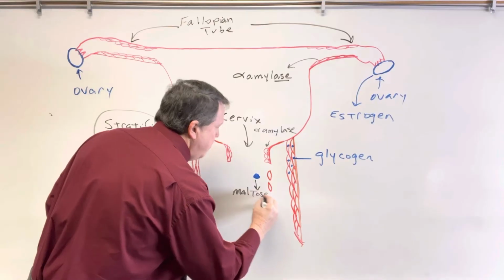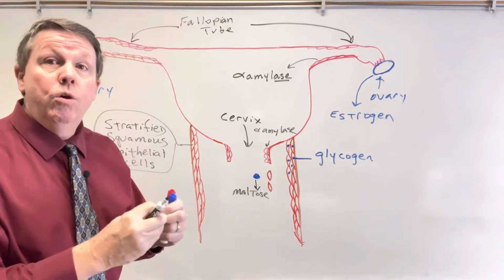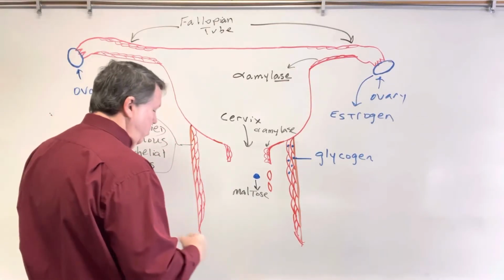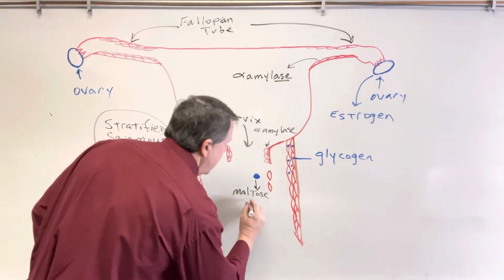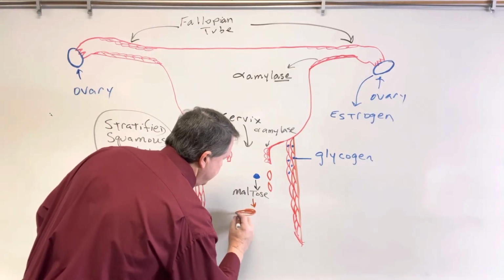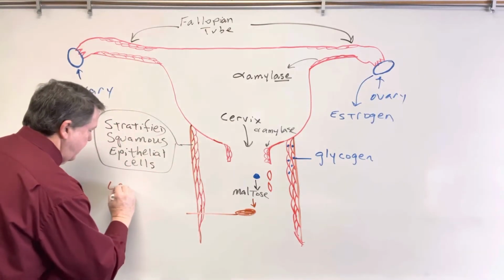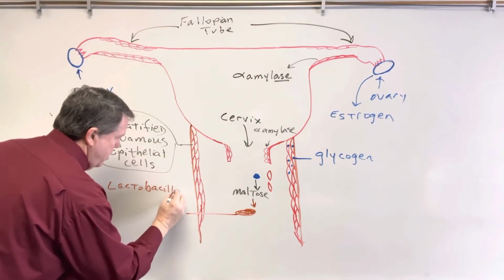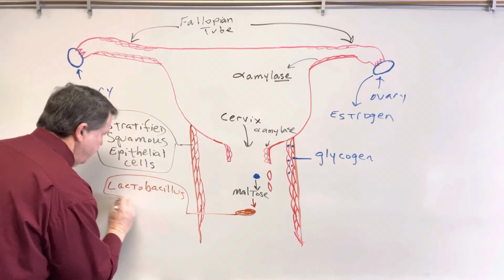And if you recall, maltose is basically made up of two glucose molecules that are together. The maltose now is going to go to a bacteria called lactobacillus. So here's my lactobacillus right there.